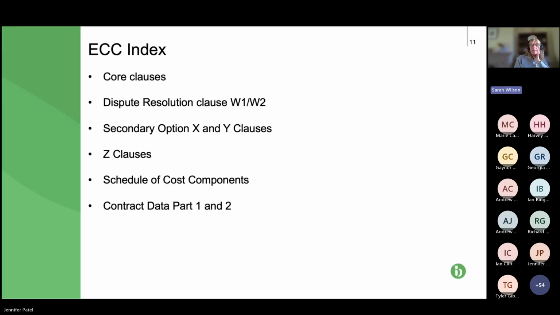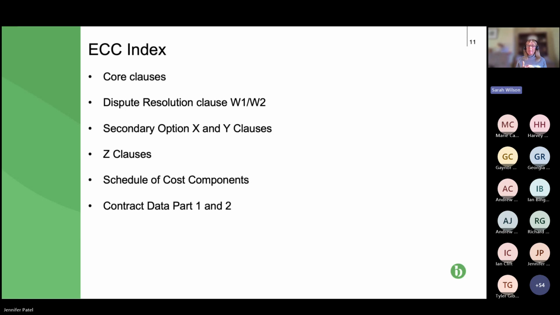Okay, so drilling down a bit more, we're going to look at the indexes for each of the contracts. Again, I think we've seen this slide for the engineering and construction contracts, so for NEC. This is high level. It contains the core clauses, and we're going to look at the index for the core clauses shortly.